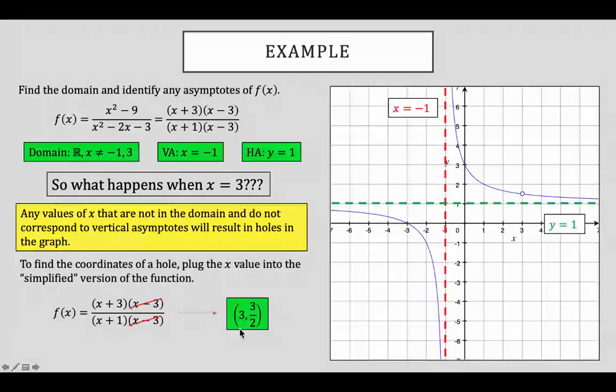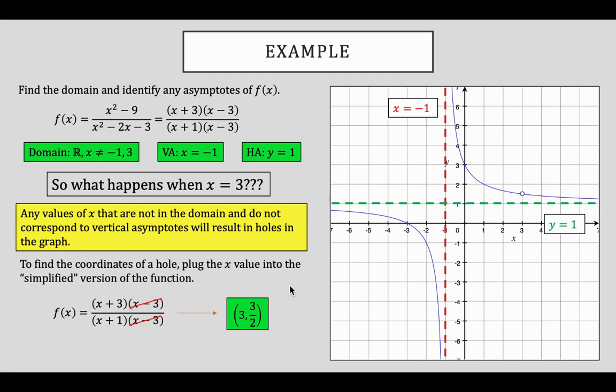This means that our hole is located at 3, that's the x-coordinate, comma, 3 halves. Does that make sense based off of our graph? Yes, the x-coordinate is 3, and the y-coordinate is 1.5, or 3 over 2. And that is how we find the coordinates of any holes.